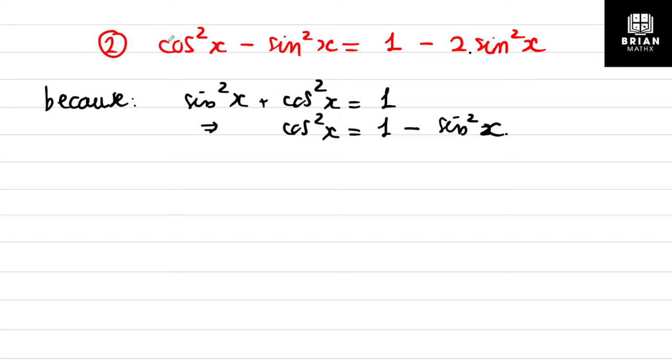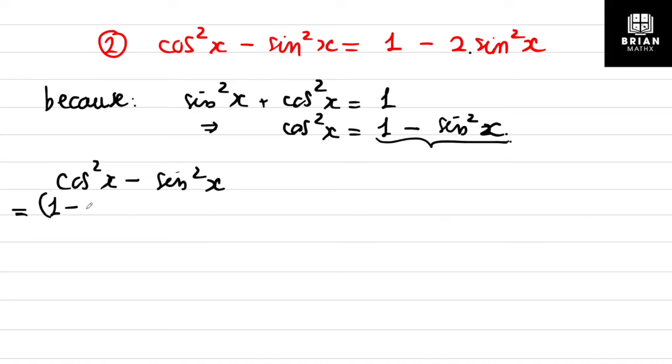And on the left hand side, you have cos square x minus sine square x. I don't want to rewrite cos square here anymore, but I will substitute cos square with this expression.